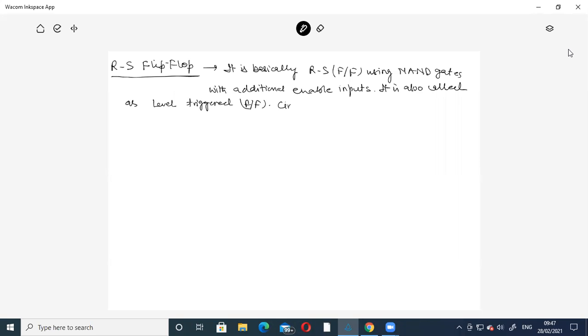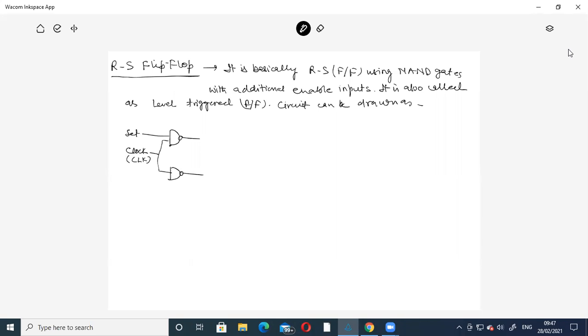The circuit can be drawn as, you see, this is NAND. Here it is another NAND, and this NAND is connected with clock, CLK. In short, it is written as clock. This is set.